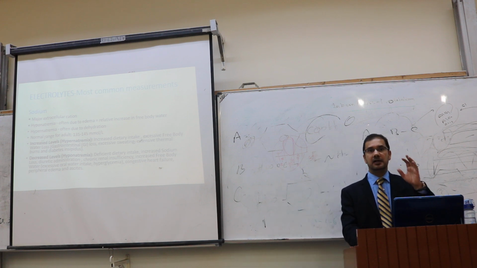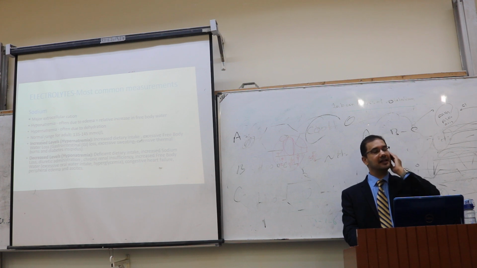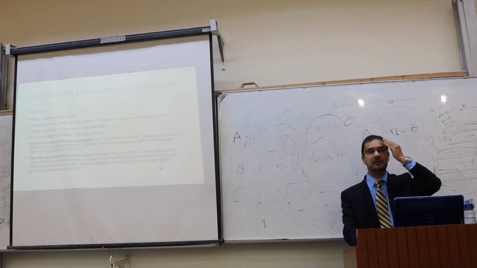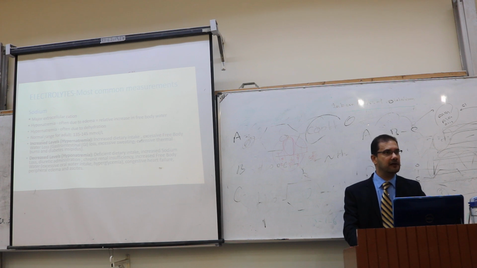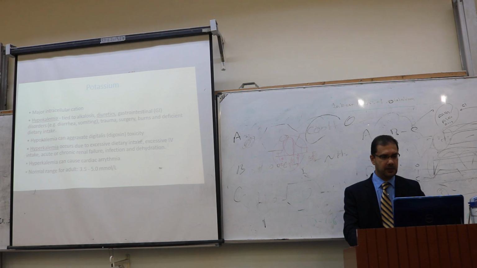Why do we need to know whether this is primary or secondary? If it's secondary, we need to treat the underlying cause. Right? We know this is anemia, but we need to know the reason for the anemia. We can't give just any anemia iron or folic acid or vitamin B12. It depends on the underlying cause of the anemia.